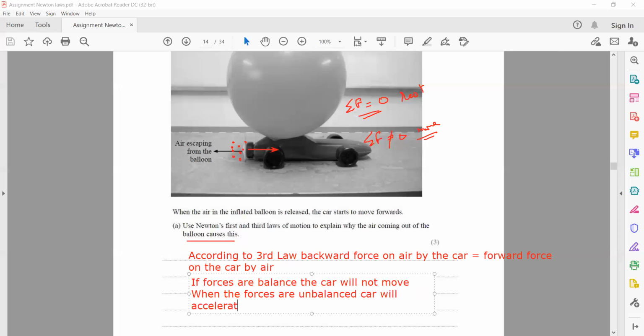So basically, as we already discussed yesterday, the second law and first law are interrelated. If there is no resultant force, the object will not move. For a stationary object, if the resultant force is zero, the object will remain at rest. But if for a stationary object there is an unbalanced or resultant force, the object will start to accelerate.